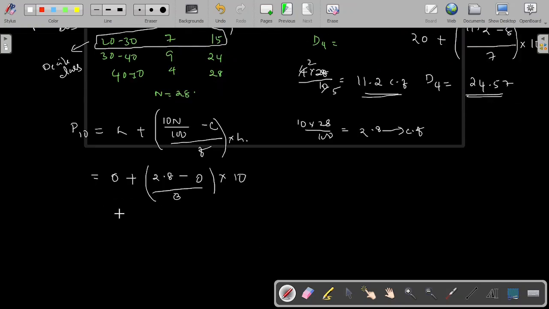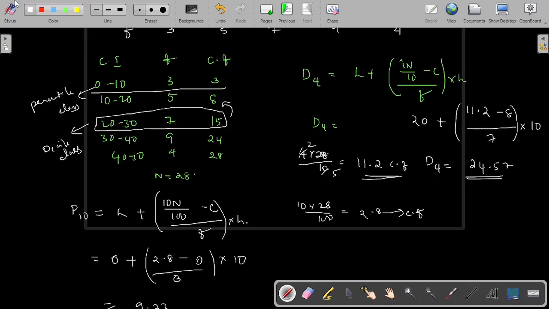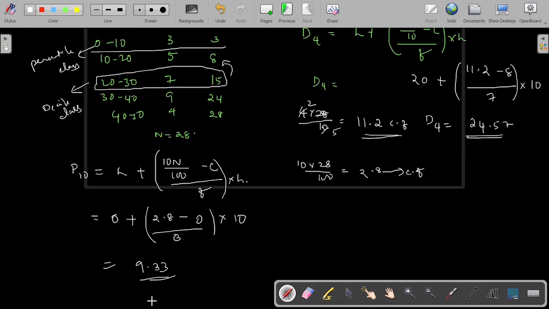So you will get 2.8 by 3 into 10. The value is 9.33, which is from 0 to 10. So below this value, 10% of the data falls. 10% of the data means very little.